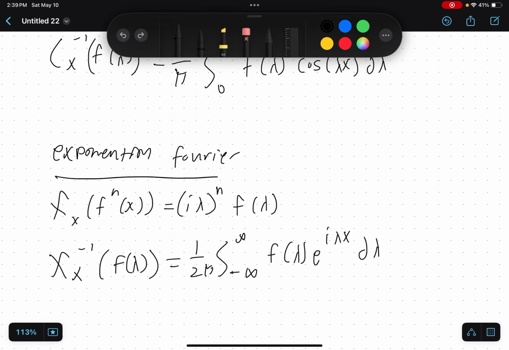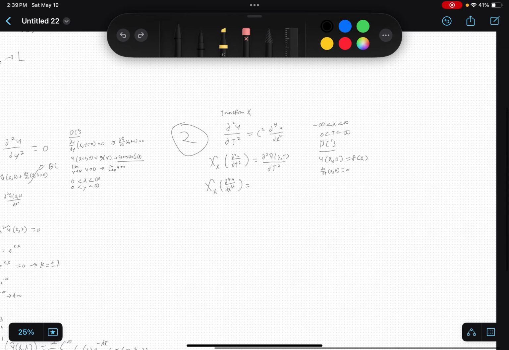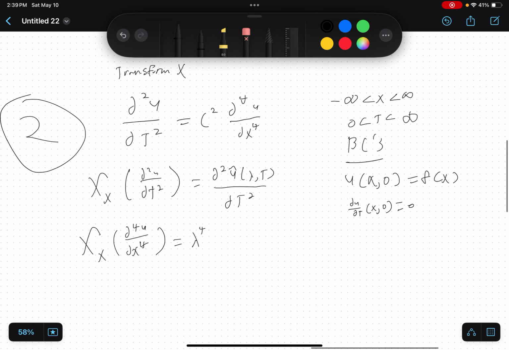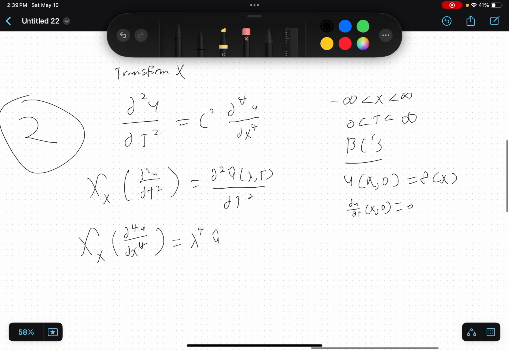So we're just going to have a lambda to the 4th times the transformed function, I think. Is that it? That is literally it. Let's go.